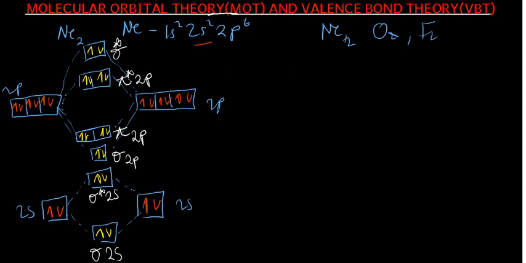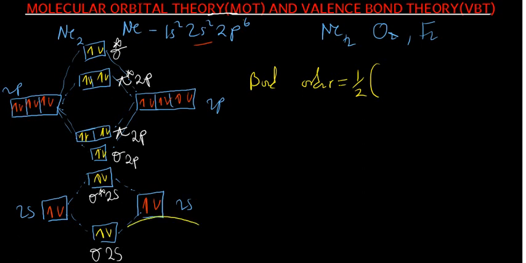Now let's determine the bond order. So the bond order is equal to half bonding electrons. Bonding electrons, just get electrons which are in orbitals which don't have a star.